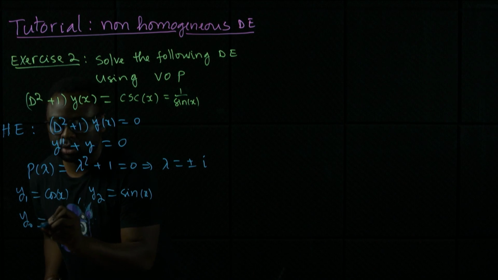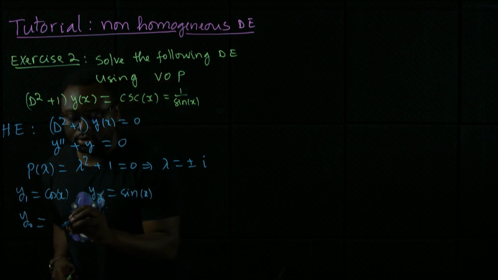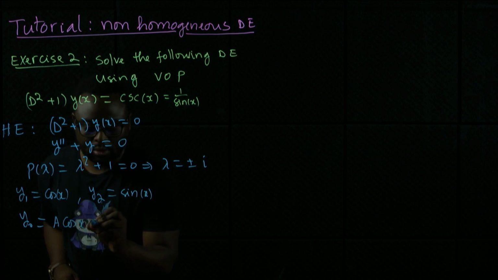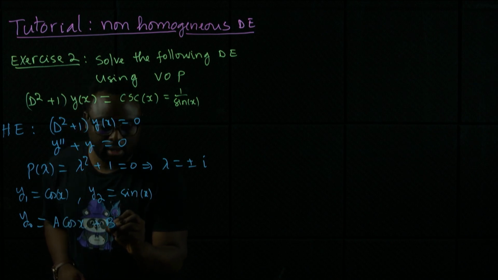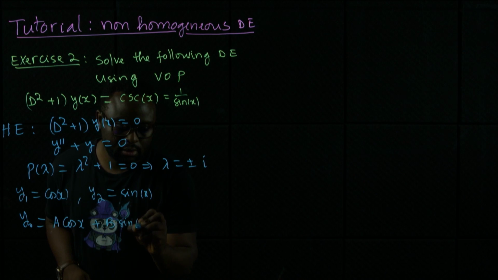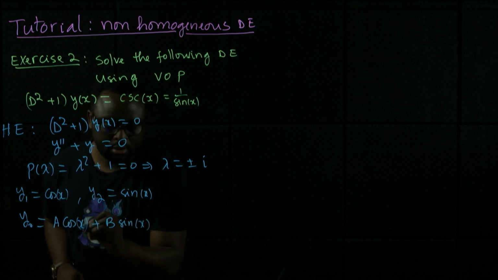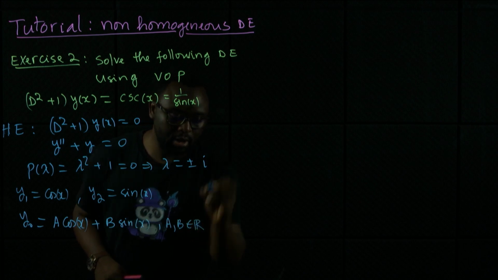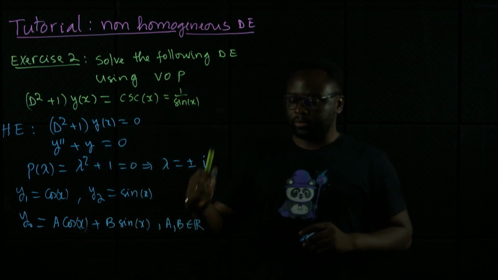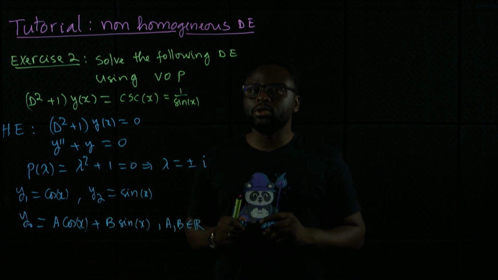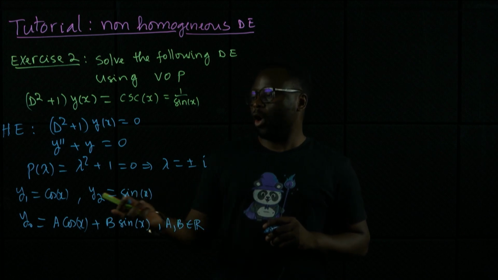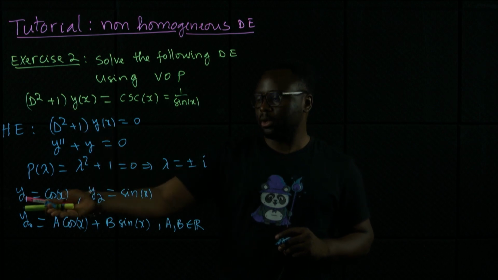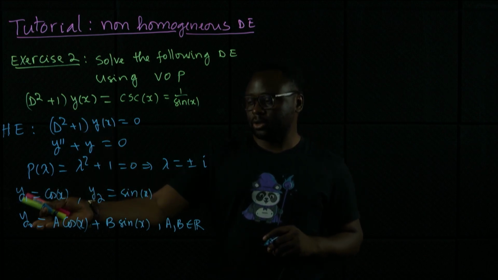So the solution to the homogeneous equation is a cos x plus b sin x, with a and b in R. All right, this is what we obtain. At this stage, we want to look for the particular solution, given that the total solution is the sum of the homogeneous solution and the particular solution.